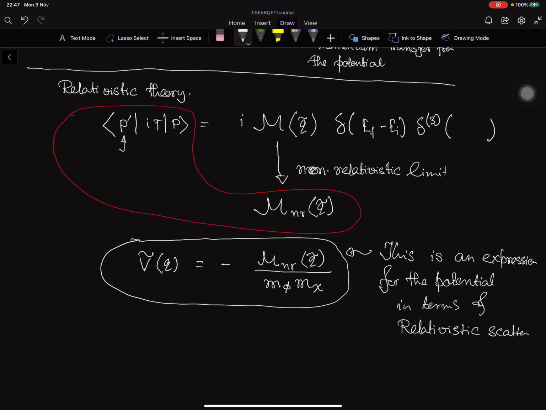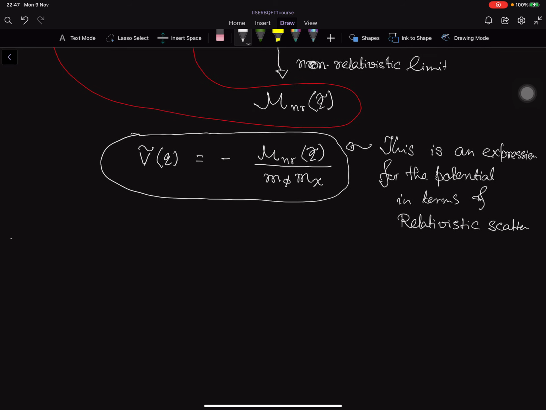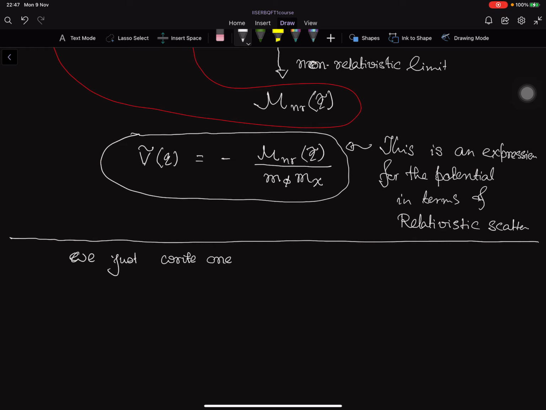Okay, so we will repeatedly use this formula and then we will try to derive results out of it. Okay, here before we go into the explicit computations, we just write one result.